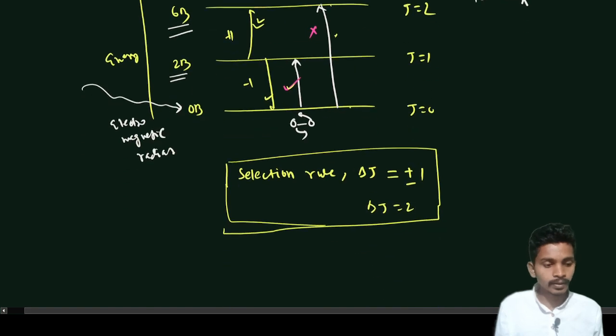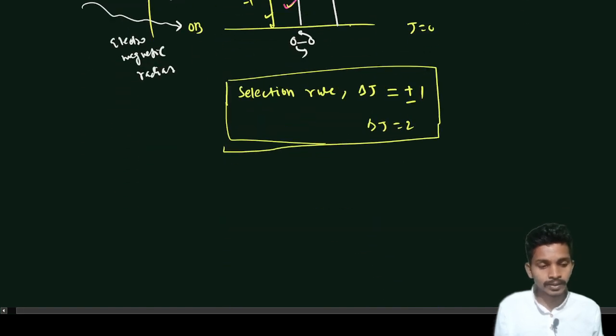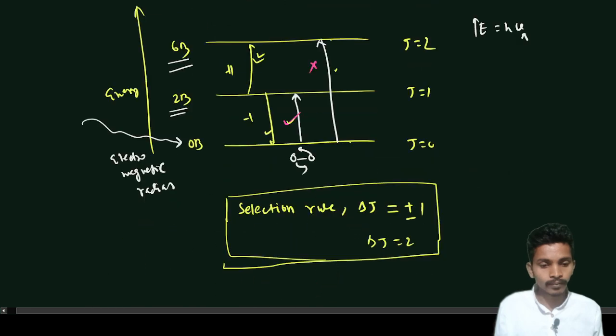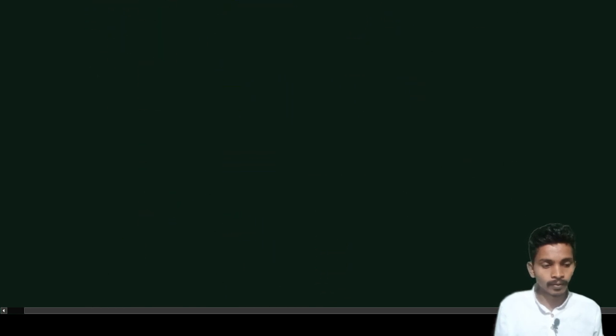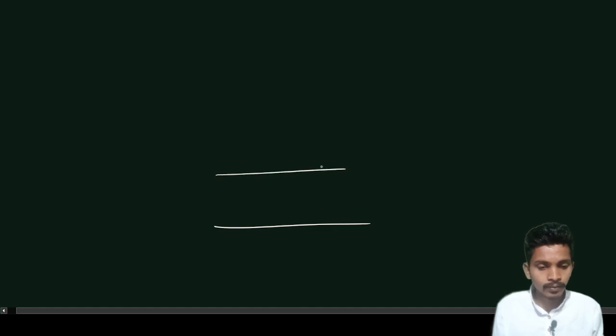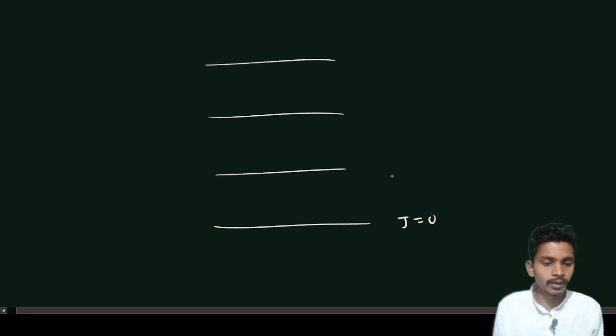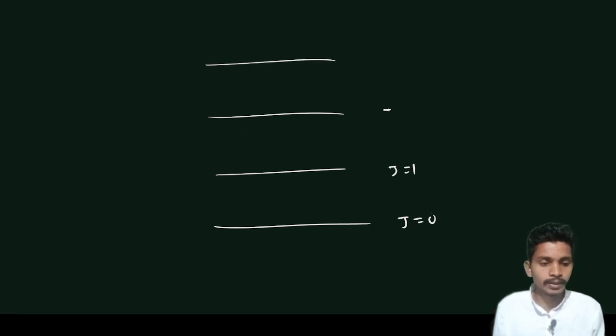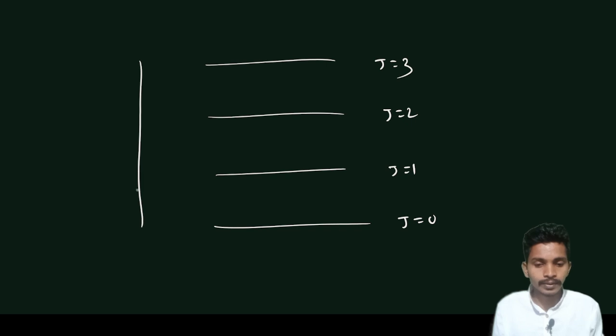So another question arises. Let's say this is J equal to 0, this is J equal to 1, this is J equal to 2, this is J equal to 3, and this is energy.